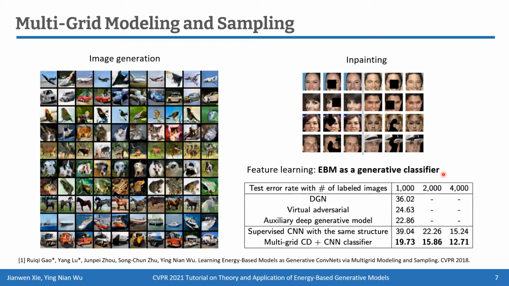And then when we want to learn from the labeled data, we only need to grow a small network on top of those layers. So this enables us to learn from a small amount of labeled data after pre-training on very big unlabeled data. So this method proved to be very effective for semi-supervised learning.